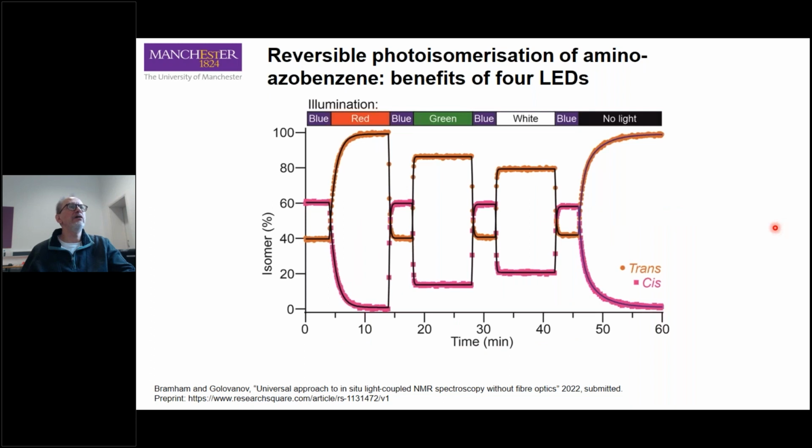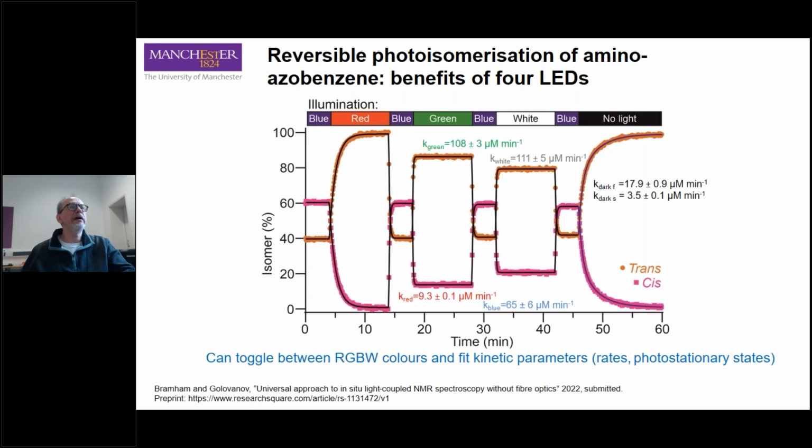And then, using the 4-colored NMR torch light head, we can toggle between blue, red, blue, green, blue, white, blue, and then light off, observing the evolution of characteristic trans and cis signals in real time, so that we can extract the kinetic parameters for various transitions and determine also photostationary states.